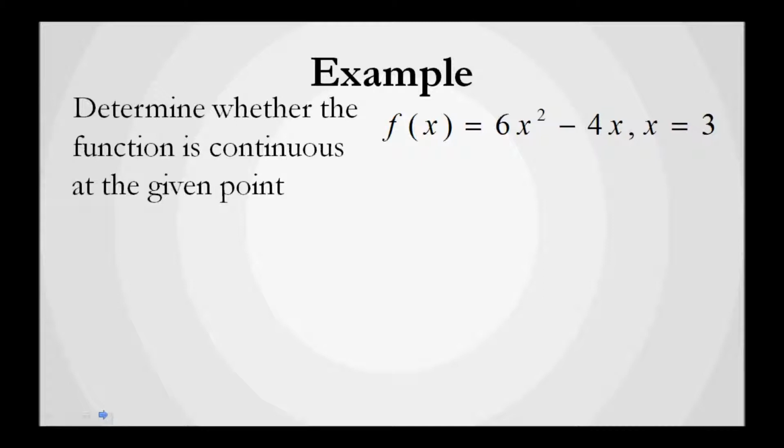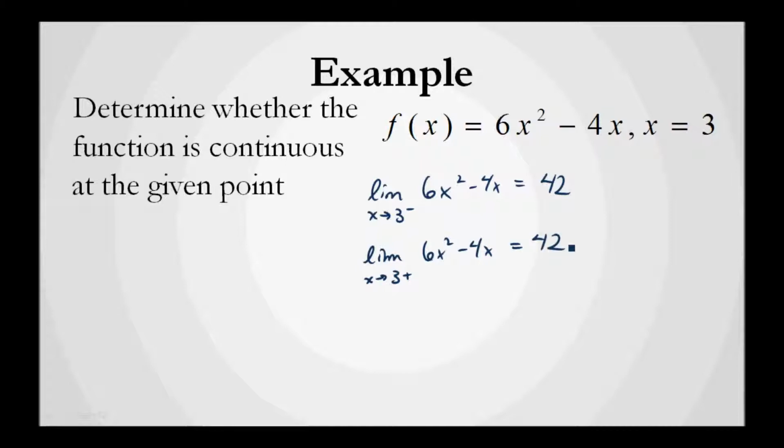Another example. Determine whether the function is continuous at the given point. Let's try to figure this out. So, the limit of the function 6x squared minus 4x as x approaches 3 from the left equals 42. The limit of 6x squared minus 4x as x approaches 3 from the right also equals 42.